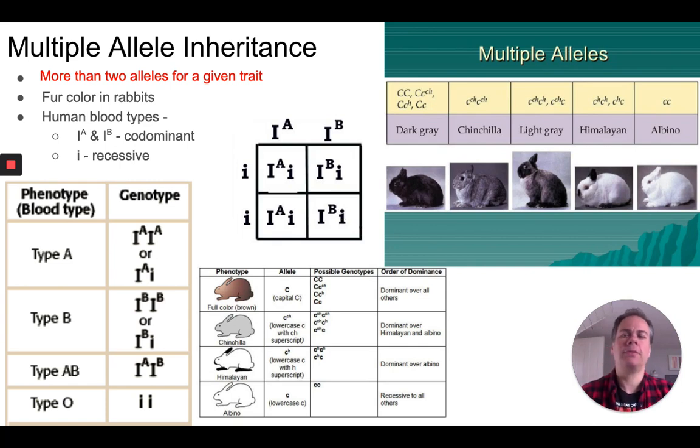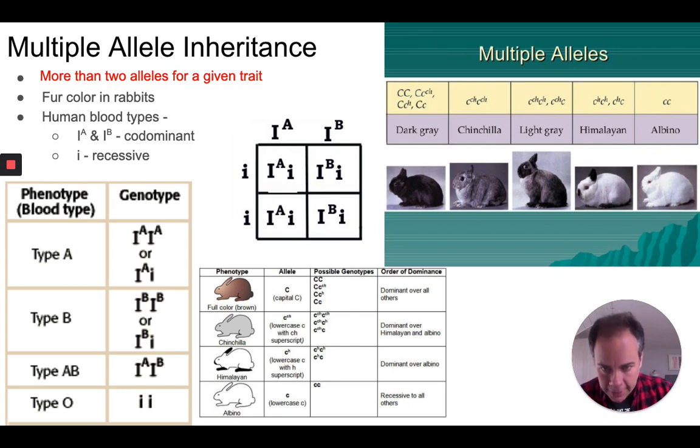Another example of multiple alleles is with these rabbits. Okay, so the rabbit fur patterns are inherited in a pretty complex way. There are several alleles that determine the fur color of a rabbit.